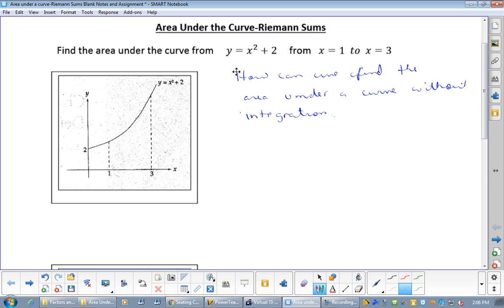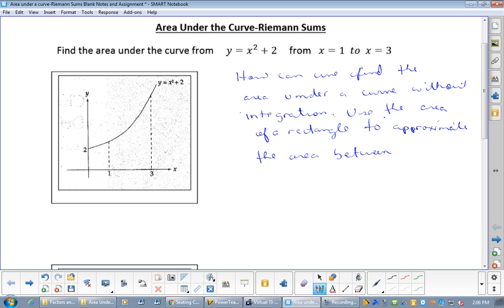You can use the area of a rectangle to approximate the area between the curve and the x-axis.